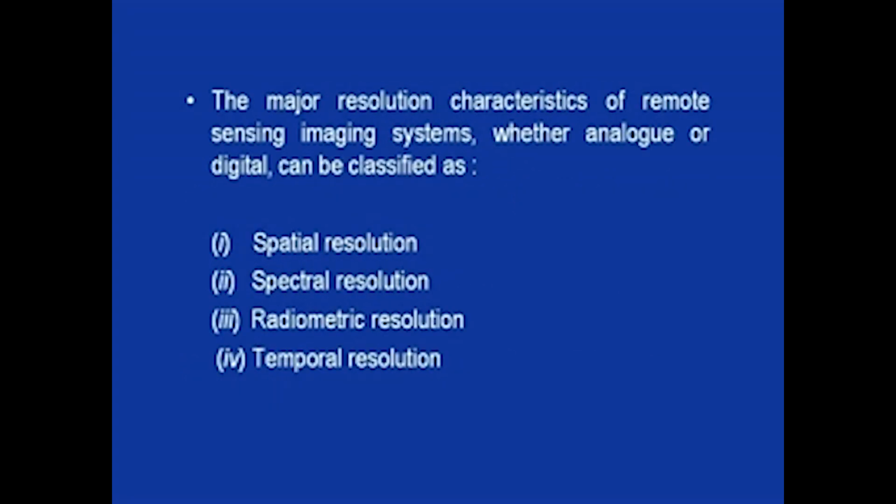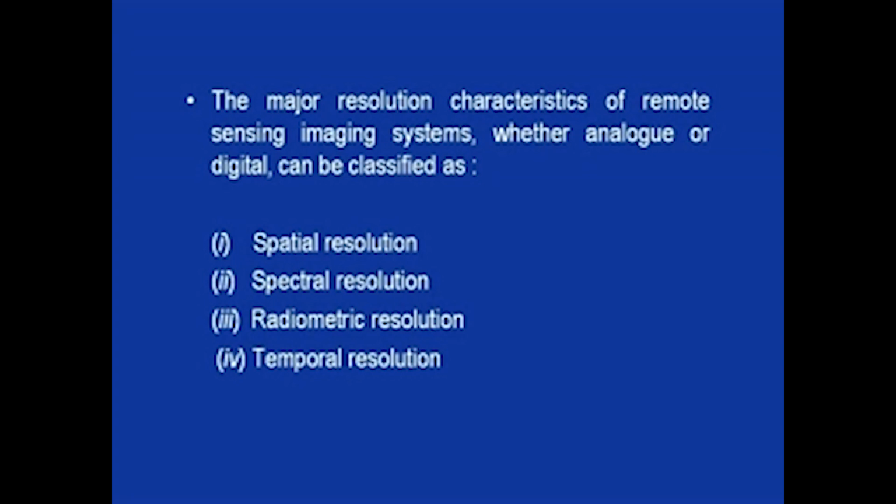The major resolution characteristics of remote sensing imaging systems, whether analog or digital, can be classified as spatial resolution, spectral resolution, radiometric resolution, and temporal resolution. So, let us look at each of these resolutions one by one.